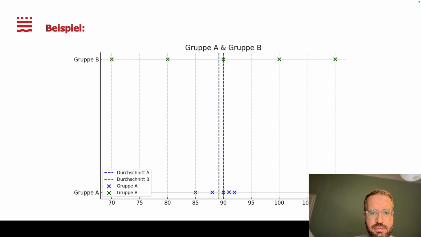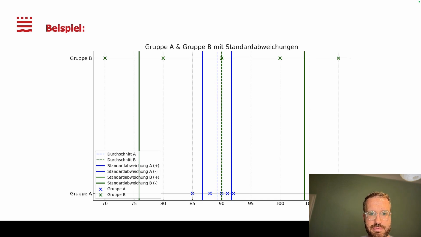And if we take a look here, we have both groups. We have the means. And now we can also examine how large the sample standard deviation is. That means this length here, it is common to draw it like this.